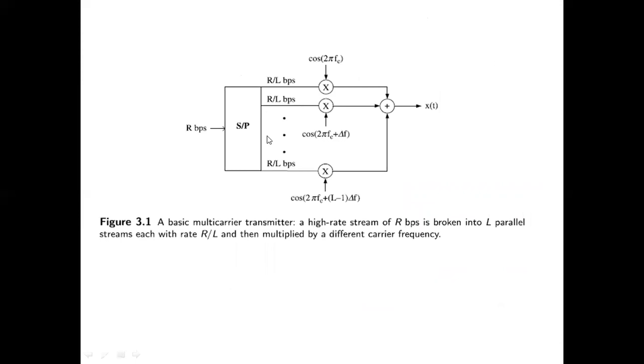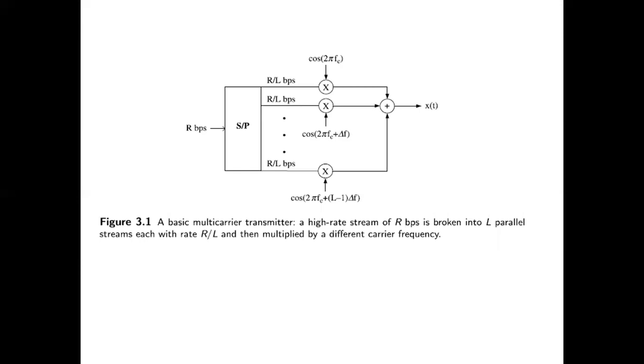Typically the idea would be you take your data and convert it from serial to parallel. Suppose there are 100 bits. If you are sending 100 bits in, say, 10 seconds, then you can convert that 100 bits into 10 streams of 10 bits each.